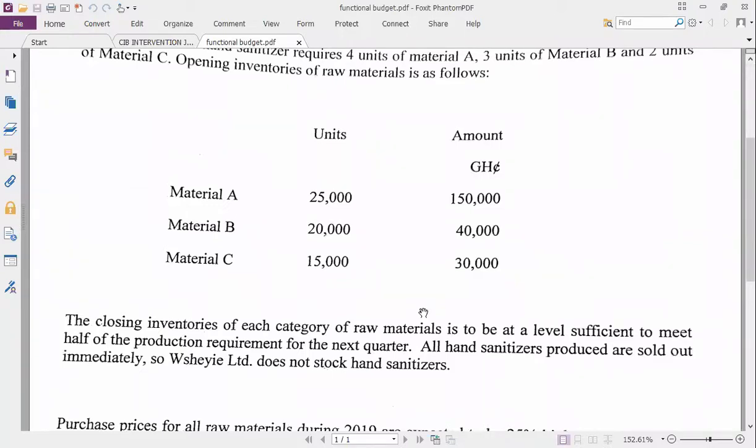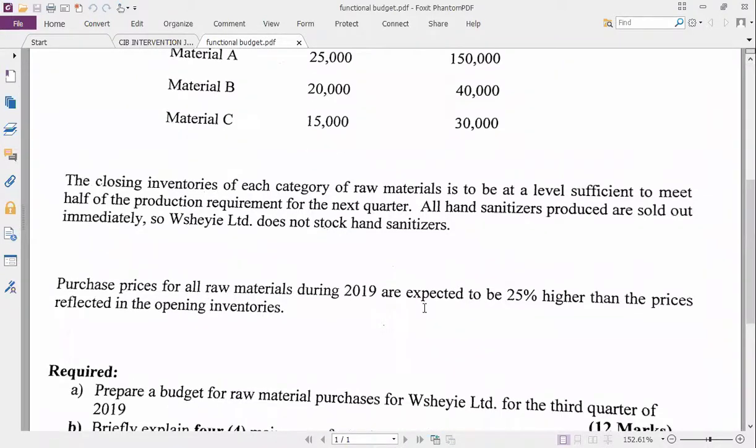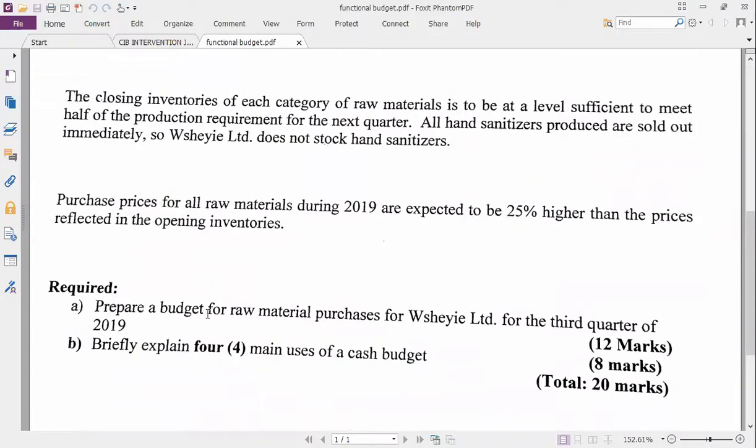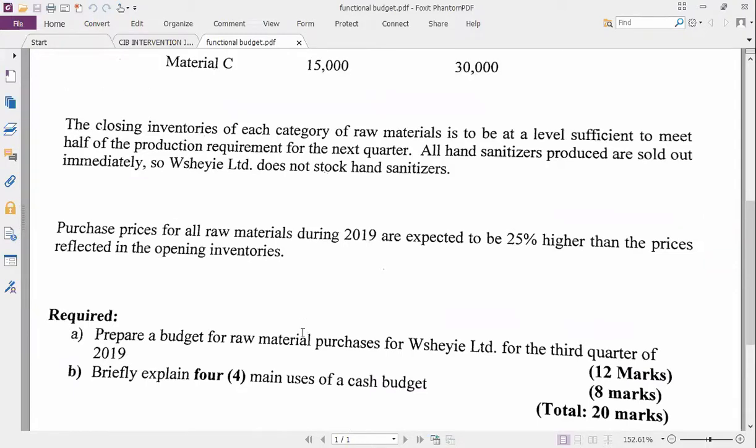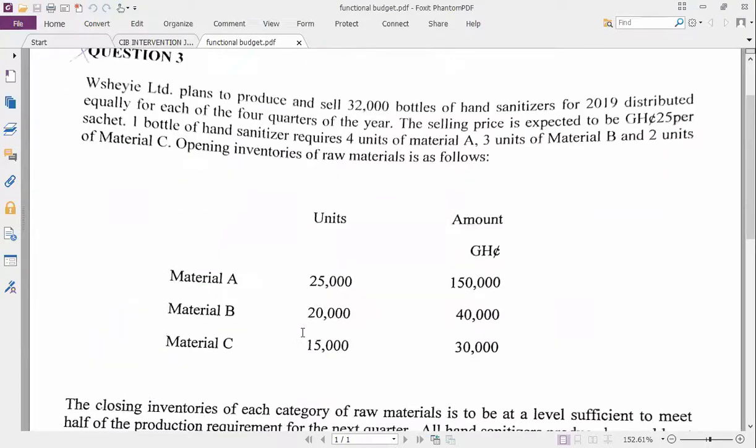Prepare budget for the raw material purchases for the Wash Year Limited for the 3rd quarter of 2019. So that means you have to keep the inventory level so that the following quarter will be 50% or half of the production requirement.